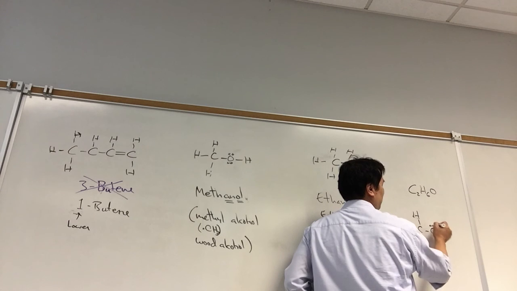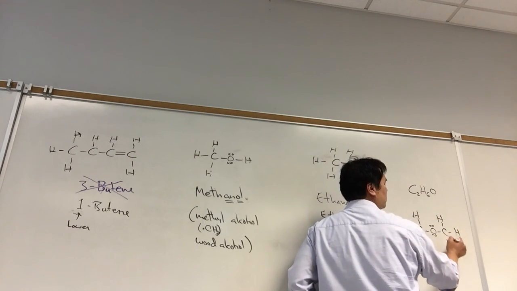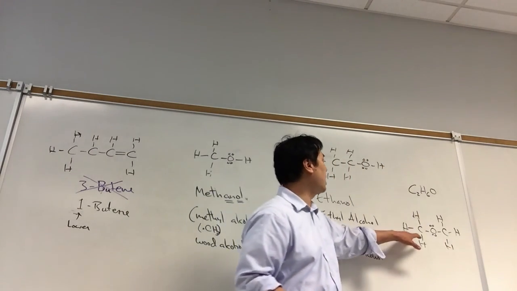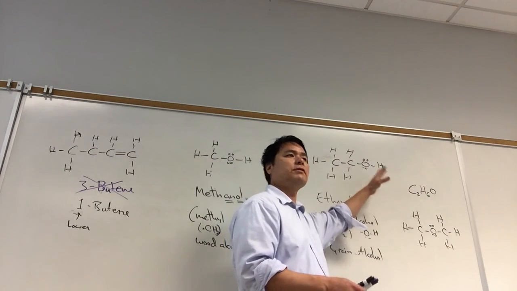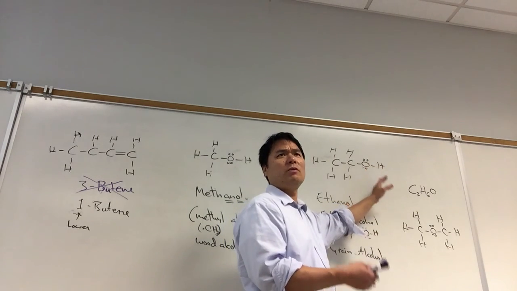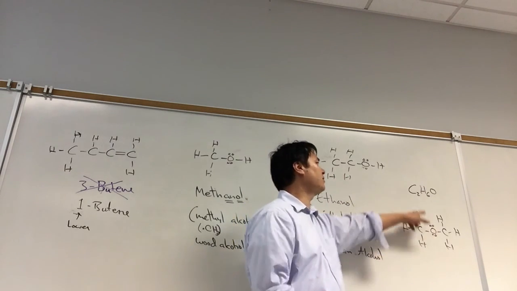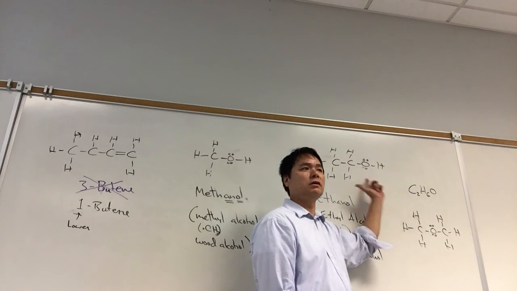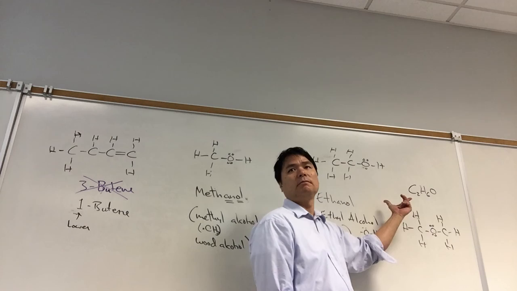Dimethyl ether has the same exact formula as ethanol. But the properties are different because the structure is different. So dimethyl ether is an isomer of ethanol. Two totally different compounds, totally different properties: boiling point, density, etc. They have the exact same composition, but the structure is quite a bit different.